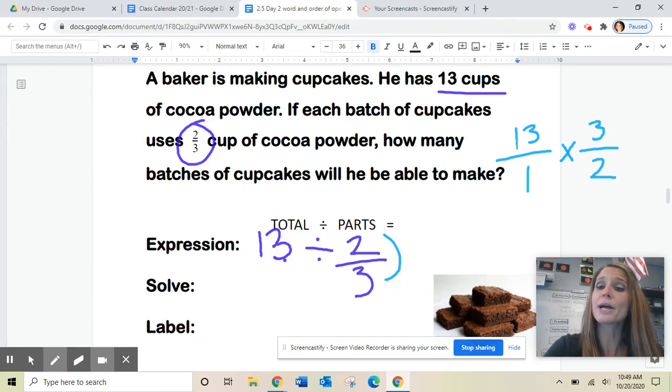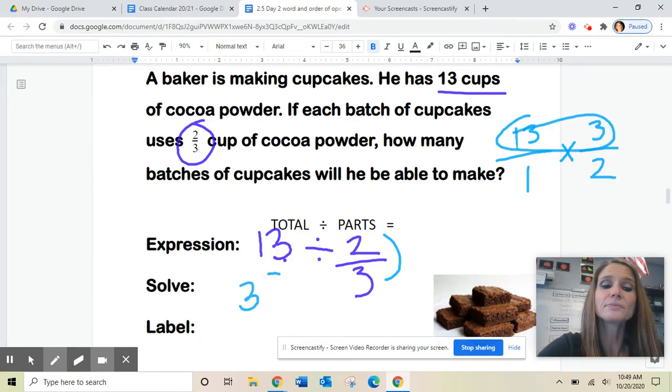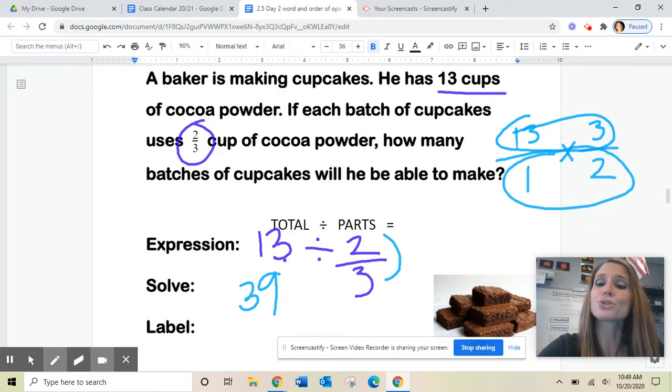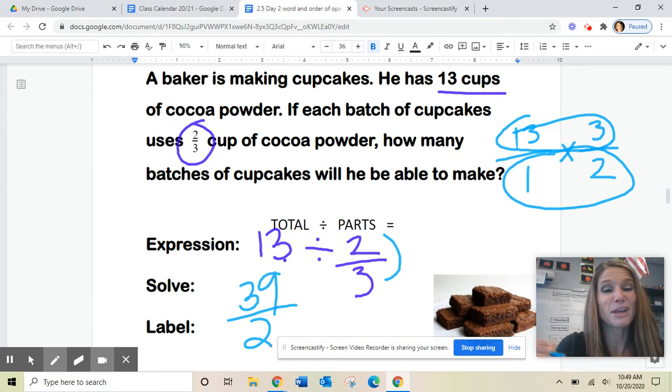So I'm going to multiply across. 13 times 3, I know that's 39. Denominators, 1 times 2, I know that's 2. This is very improper. He can make 39 half batches. That doesn't make sense.